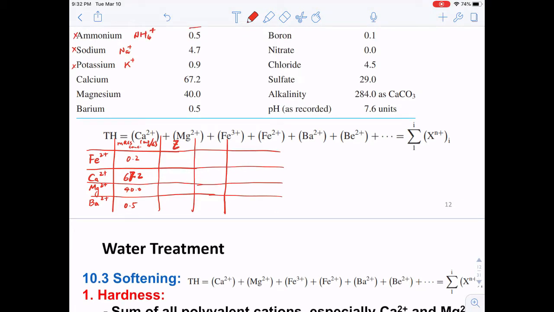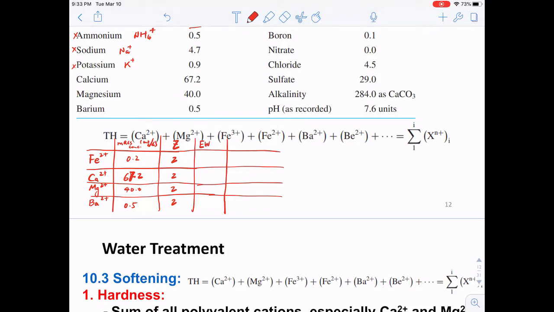So first, we need to find out how many hydrogens these species can either accept or release, right? You can see that for ferrous ion, it corresponds to a number of 2. Calcium is 2. Magnesium is 2. Barium is 2. So this is quite easy here.